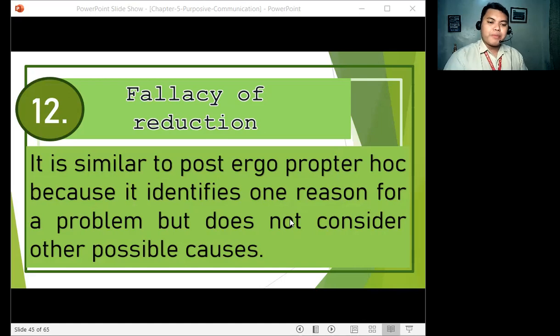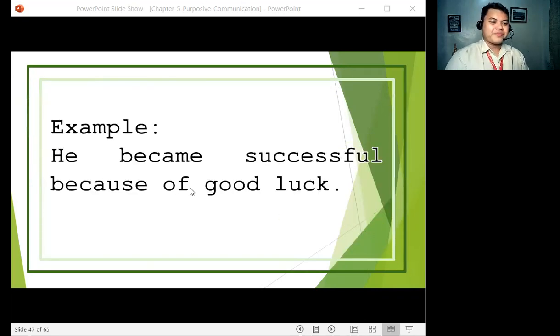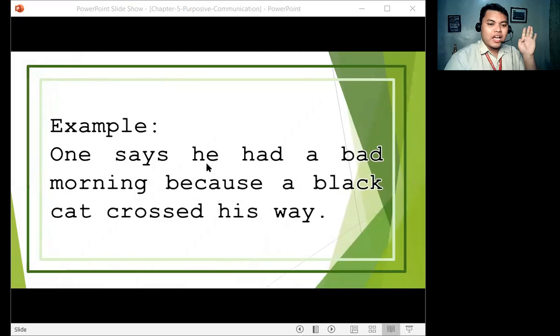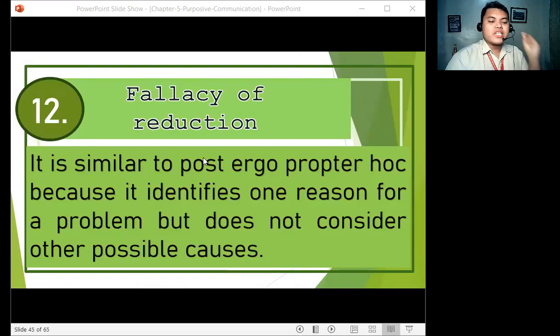It is similar to post ergo propter hoc because it identifies one reason for a problem but does not consider other possible causes. Example, he became successful because of good luck. So it is similar to post ergo propter hoc.